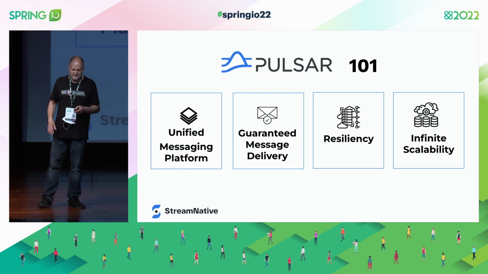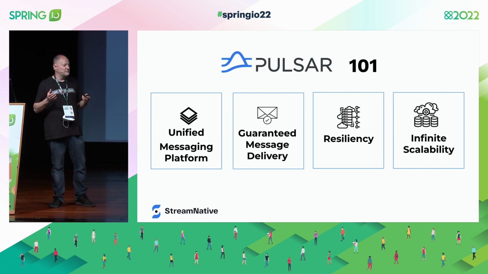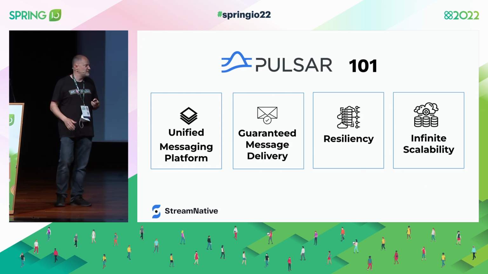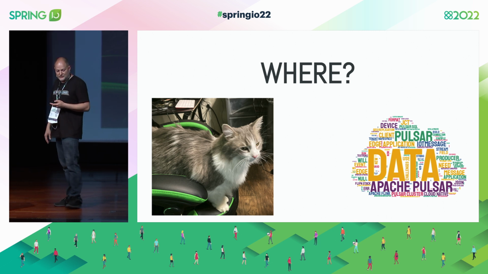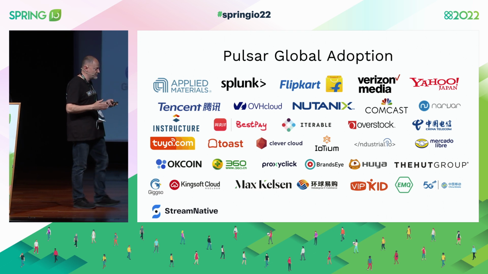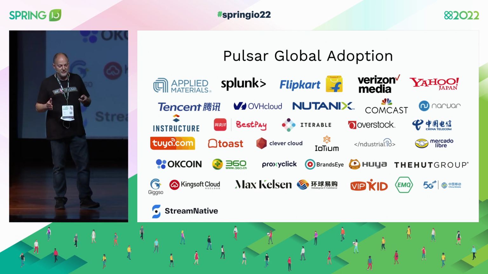Infinite is kind of, I don't know if I believe the marketing on that word, but I've seen some clusters in China that have 20, 30 petabytes in RAM, so it's pretty big. It's scalable enough. This is my cat. There's a bunch of people using Pulsar. So if you decide, hey, maybe I'll try Pulsar, you're not alone.